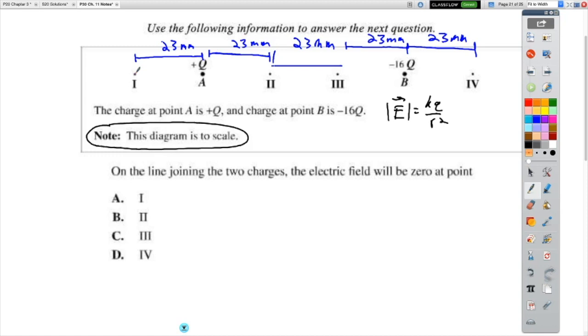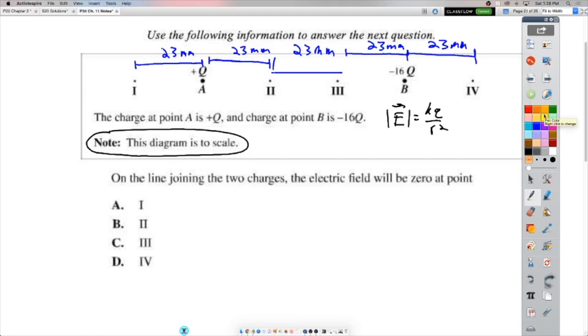Okay, so if I'm at point 1, remember, there's nothing here. This is a point in space. So to define direction, we have to use our convention: that electric field is always in the same direction of the force that a positive charge would feel. So if I was at 1 and I was a positive charge, from A the force would be pushing me away, right?